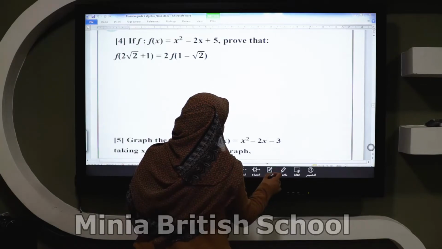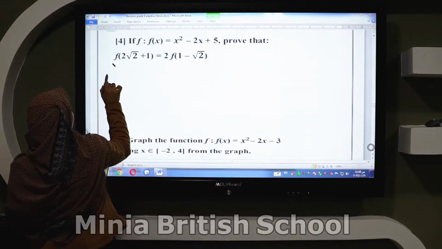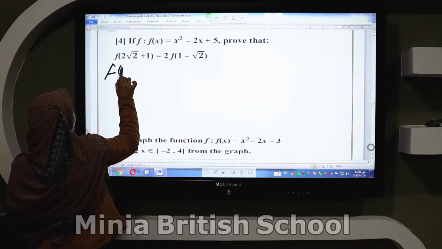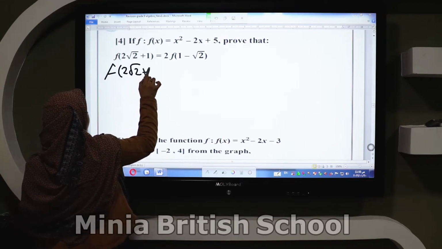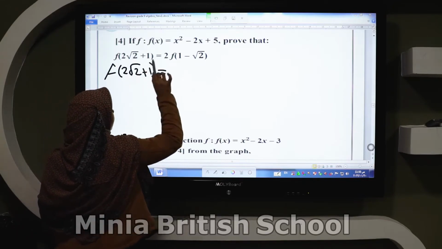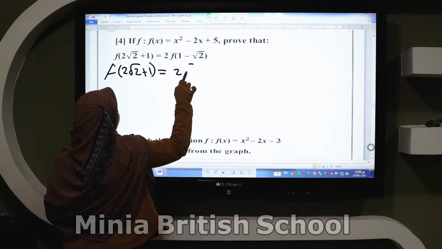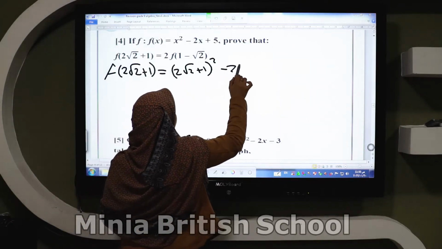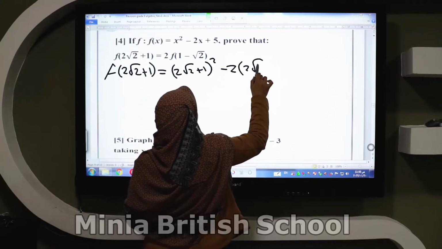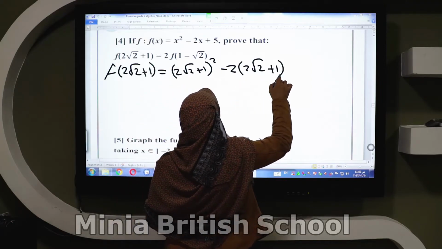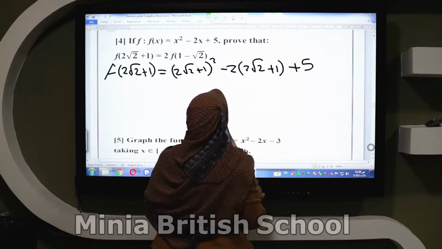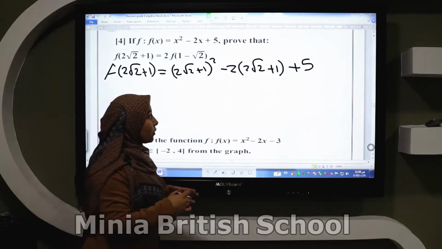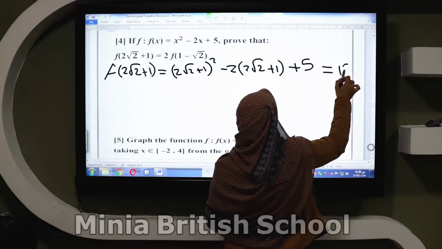So f(2 root 2 plus 1) equals (2 root 2 plus 1) raised to the power 2 minus 2 times (2 root 2 plus 1) plus 5. You can simplify it. The value equals 12.